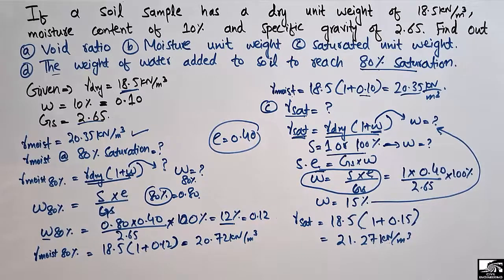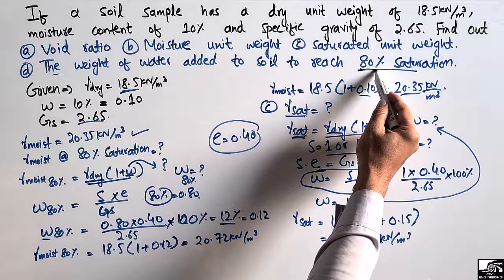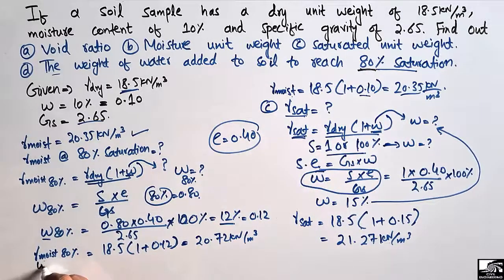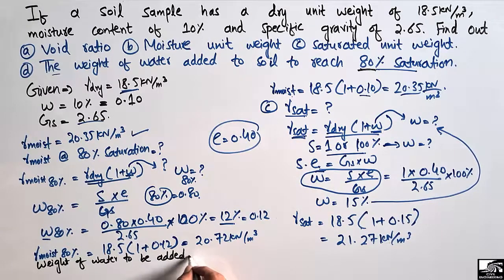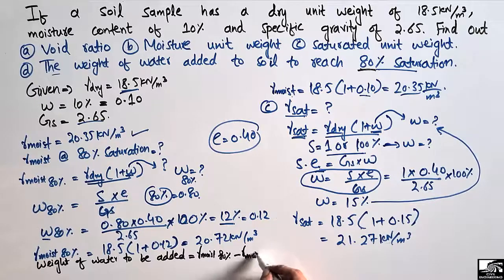Now, what is the weight of water added to the soil to reach 80% saturation? It is very easy now. We just have to find out the weight of water to be added. It will be the gamma moisture for the 80% minus the gamma moisture, the simple moisture.